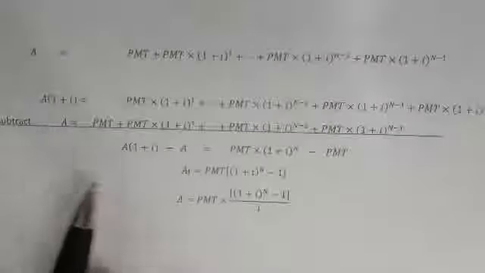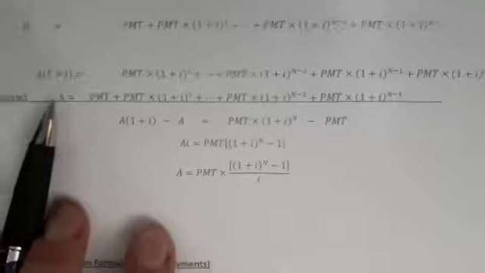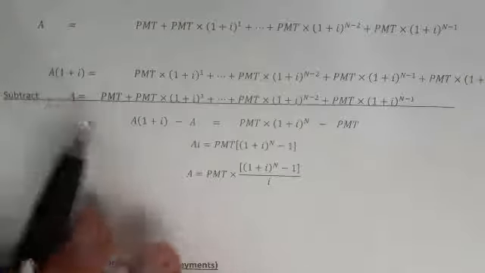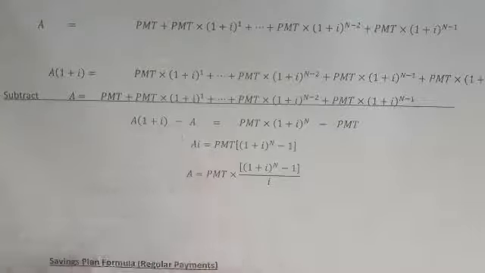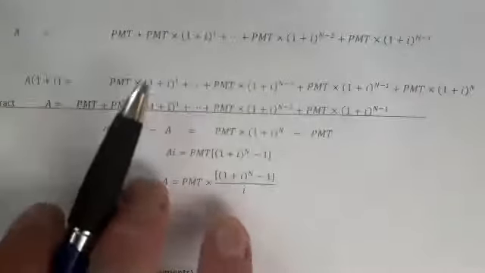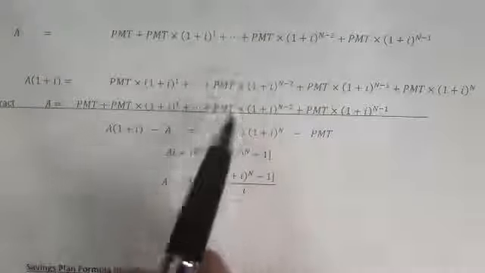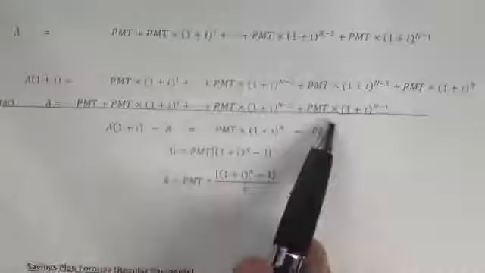If I multiply everything by 1 plus i, and then I subtract a from this thing, the left side is going to be a times 1 plus i, and then I subtract an a. On this side, if I write this out, a lot of these middle terms will simplify out when I subtract them. Anything written in these ellipses is going to be the same term.